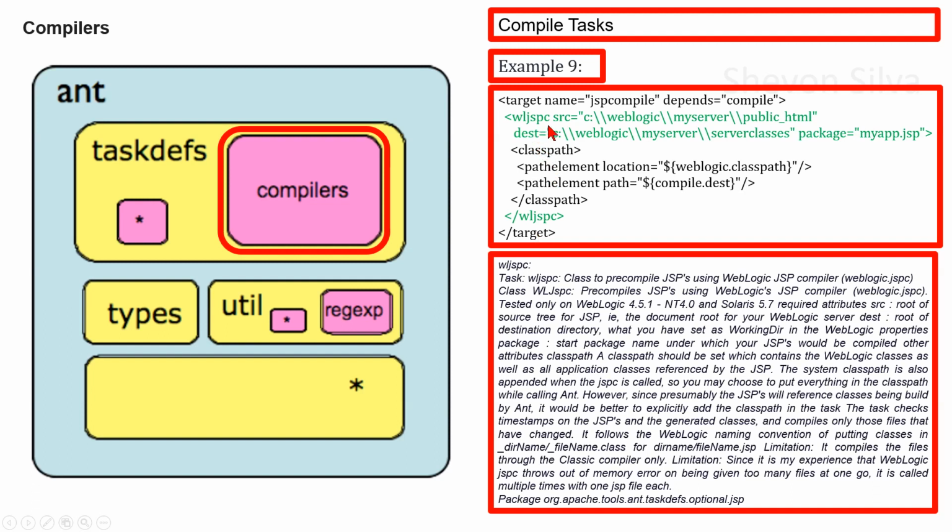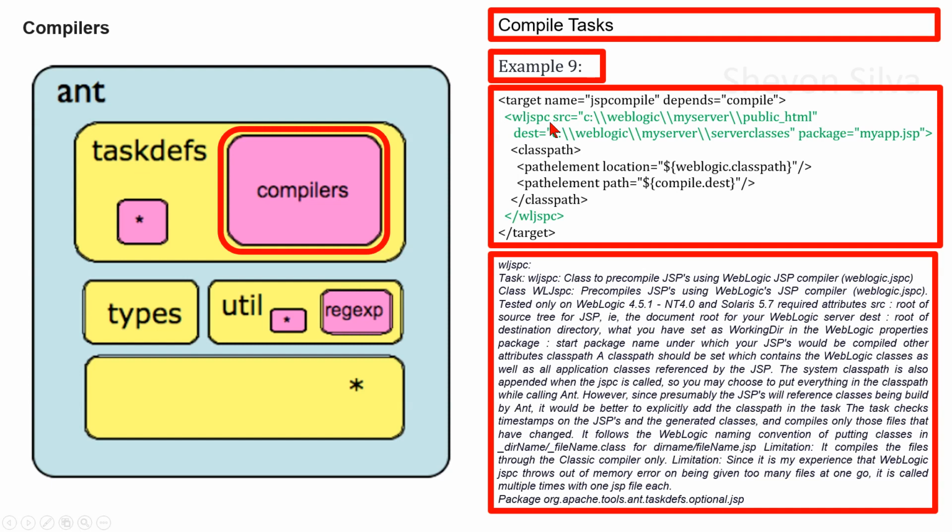Now we are considering WLJspc. Task WLJspc is a class to precompile JSPs using the WebLogic JSP compiler, weblogic.jspc. With regard to the API, the class WLJspc precompiles JSPs using WebLogic's JSP compiler, tested only on WebLogic 4.5.1, NT 4.0 and Solaris 5.7.